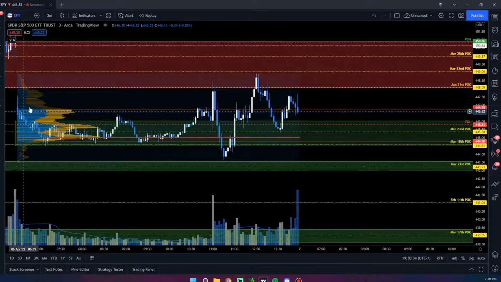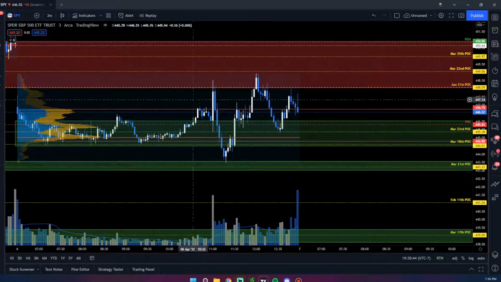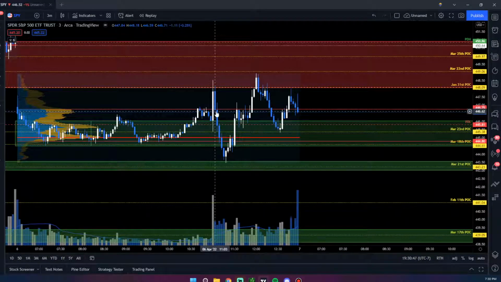With the value area, there's a rule that's called the 80% rule. If you break above the value area, like we did here, and we come back down into it, there's an 80% chance that you'll go from this side to this side. So this is a very easy trade, especially for newer traders to take. 80% is great odds.